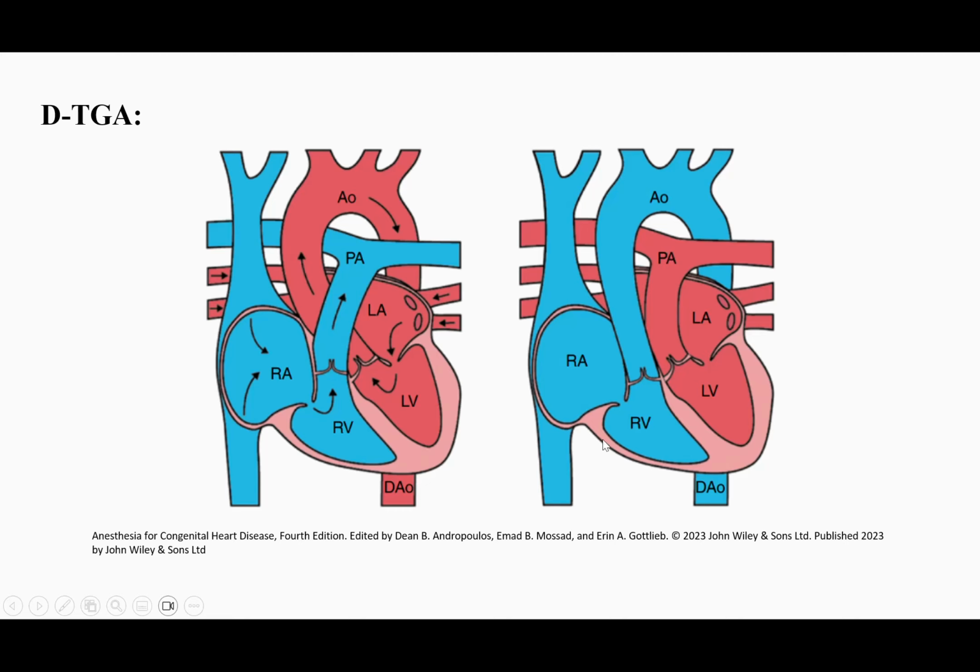So the right ventricle hypertrophies, and the left ventricle thins out, the wall thins out. It is called deconditioning. And the longer we wait, the more the deconditioning, up to the point that the mass of the myocardium of the left ventricle becomes unable to handle the aortic pressure.